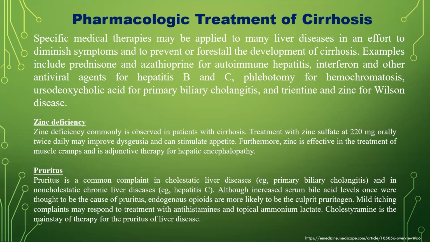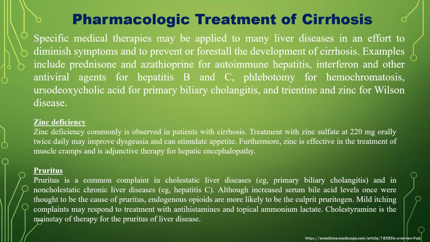Zinc deficiency commonly is observed in patients with cirrhosis. Treatment with zinc sulfate, 220 milligrams orally twice daily, may improve dysgeusia and can stimulate appetite. Furthermore, zinc is effective in the treatment of muscular cramps and is adjunctive therapy for hepatic encephalopathy.